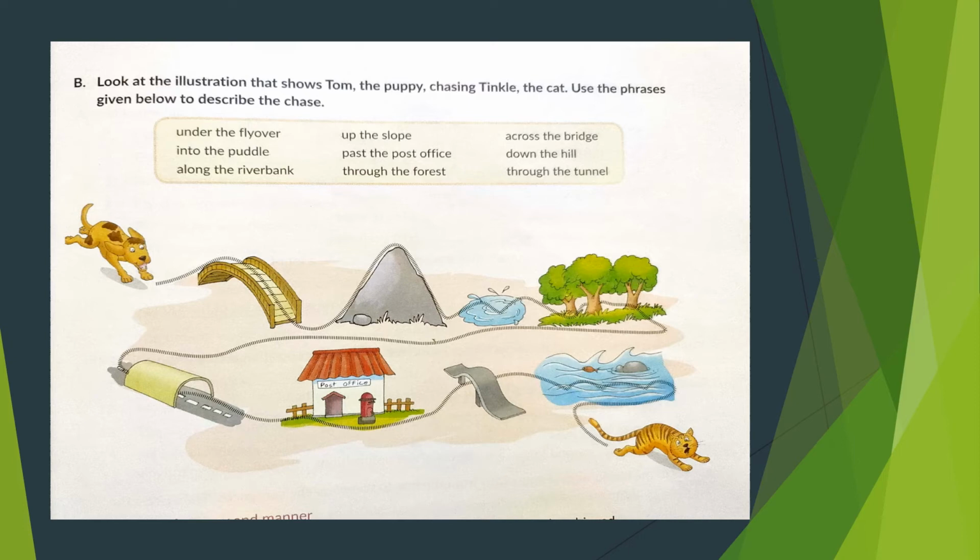scampering after her. With renewed energy, Tinkle ran through the tunnel, past the office, and towards the flyover. Tom was getting nearer and nearer as she went under the flyover.